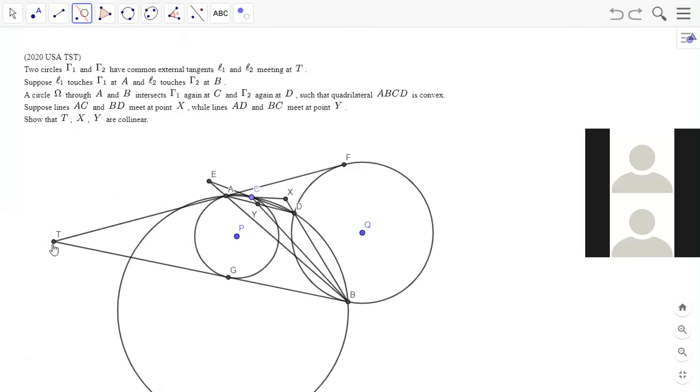I don't know if it helps to draw the polar of T with respect to the circle, and we want to show E lies on it. So we know AG is the polar of T with respect to this circle, and BF is the polar with respect to this circle. But I don't know if that helps with this circle.